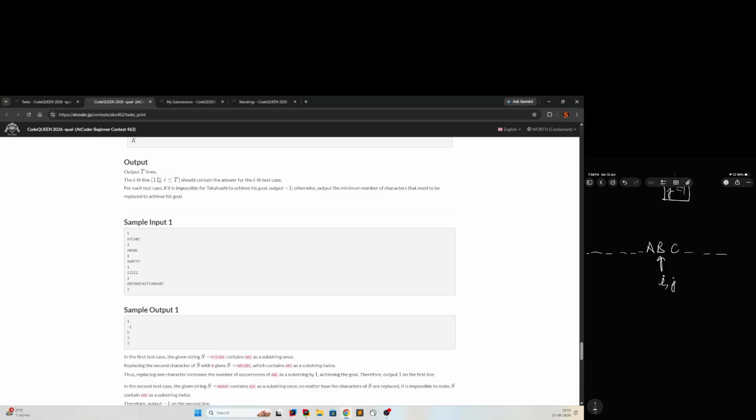For this i, first of all, I am breaking this subarray, and i is the index till which we have to find the minimum number of operations, and j is the number of substrings we already had.